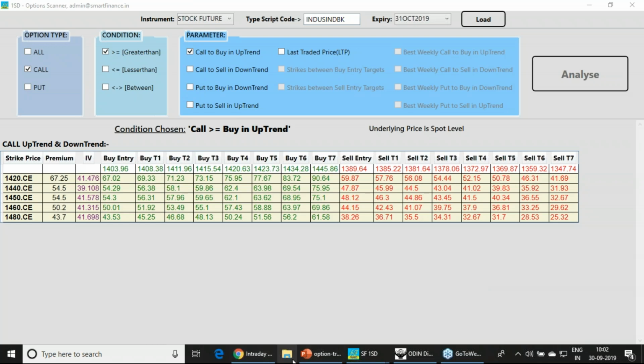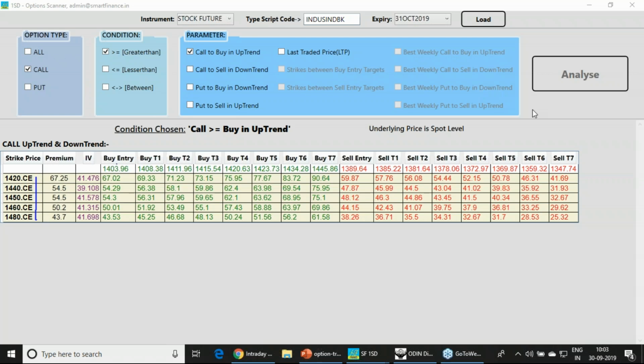At what spot level of IndusInd Bank should you think of buying call options, specifically buying the call options? 6 of our participants have said that when the IndusInd Bank spot level comes to the 1404 level, I will be buying any of these strikes: 1480, 1460, 1450, 1440 or 1420, any one of these strikes I can buy.